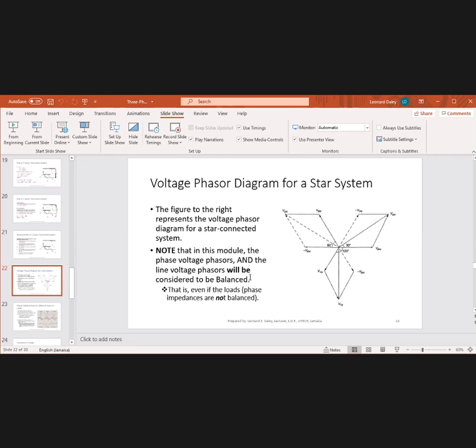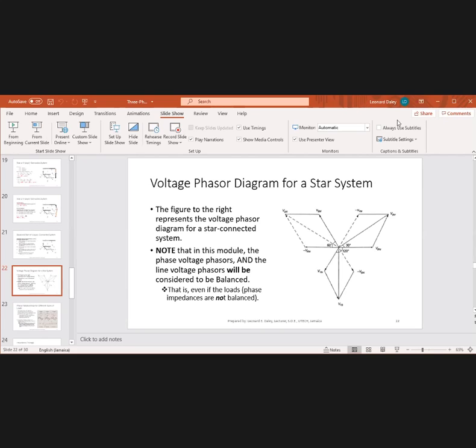So no matter how the system is unbalanced, that is, even if the loads are not balanced, the voltages are considered to be balanced.